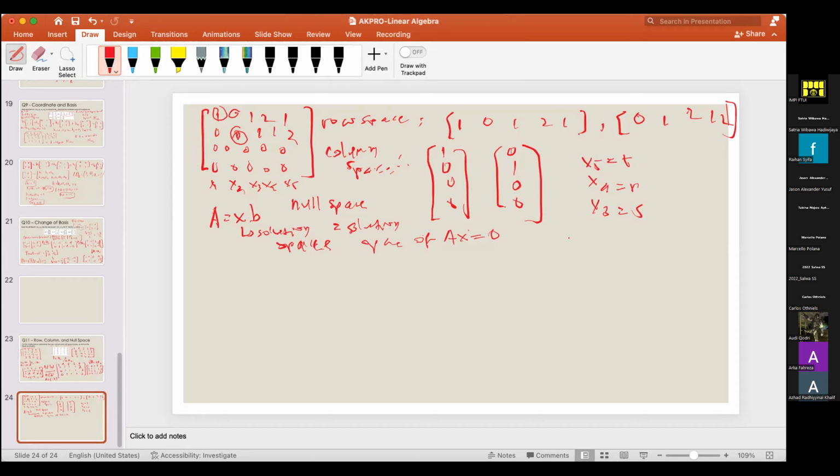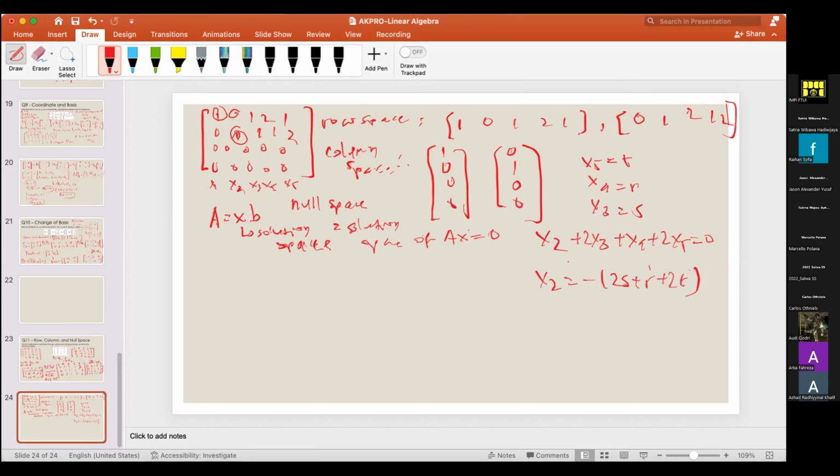x2 plus 2x3 plus x4 plus 2x5 is equivalent to 0. Therefore, x2 is equivalent to negative 2s minus r minus 2t, because x3 is s, x4 is r, and x5 is t.